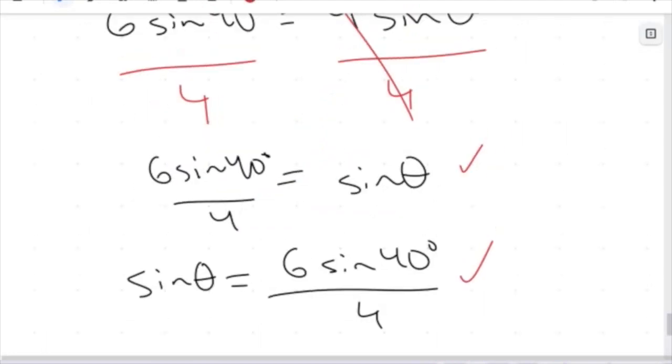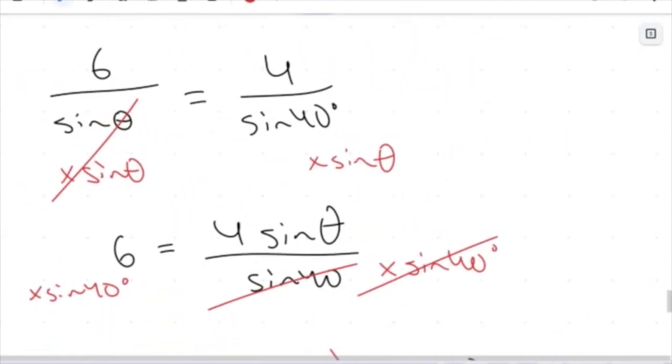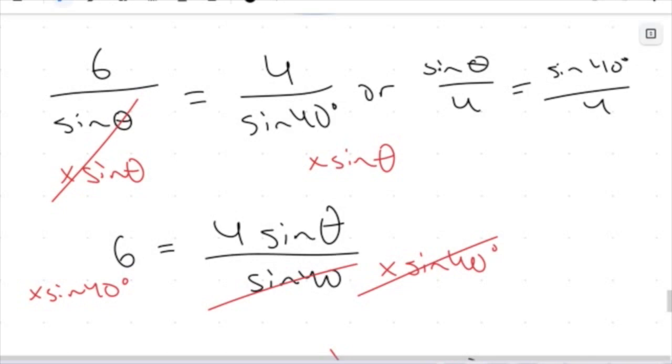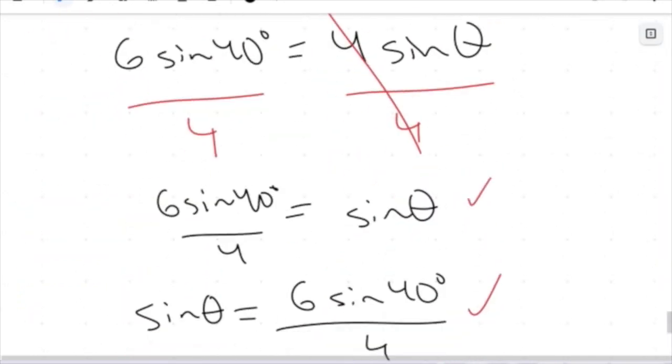But you can see, using the first one like this, it's a lot of work to get to sine theta. To make this easier for us, we can just flip these over, take the reciprocal of both sides, and get something like this. And it's only one step to solve the equation.